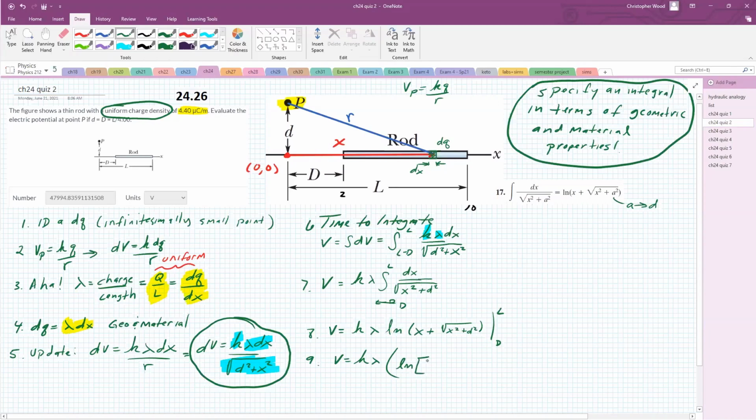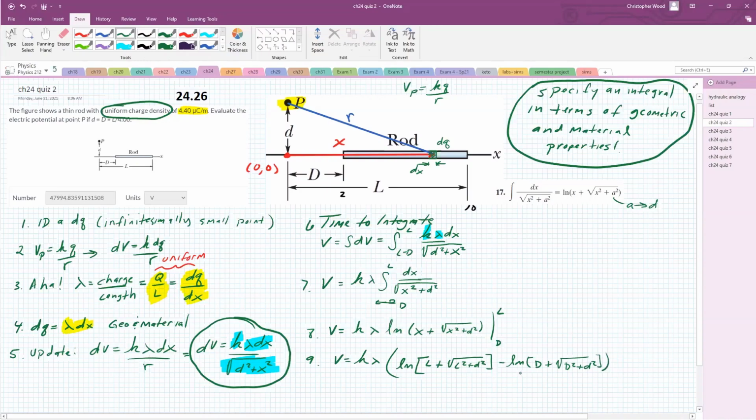So this is going to be natural log of L plus the square root of L squared plus little d squared, minus the natural log of D plus the square root of D squared plus little d squared.